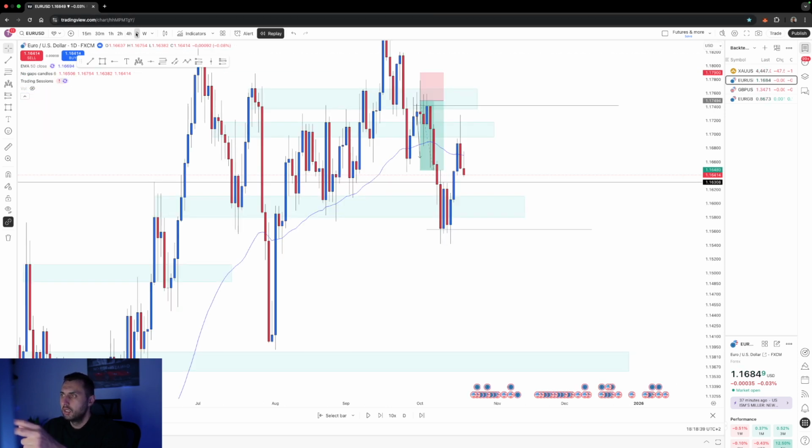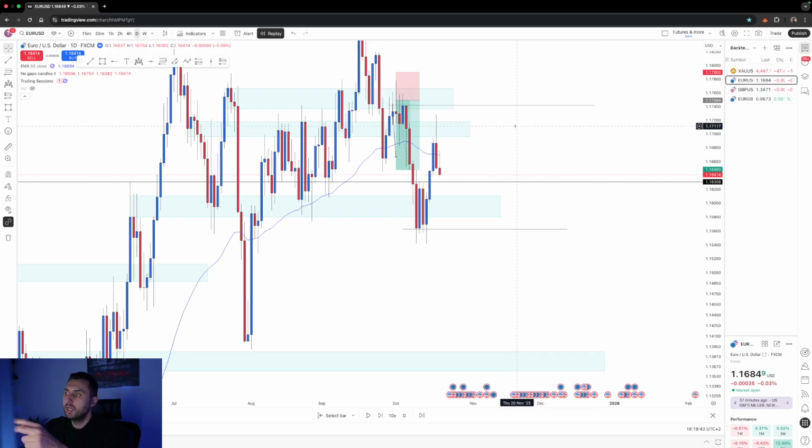Usually, I'm looking for a trade in a direction when price is a bit clearer, whether it's bearish or bullish, on the higher time frames. Now, weekly being bullish, daily bearish, and 4 hour bullish, it's a bit confusing for me.